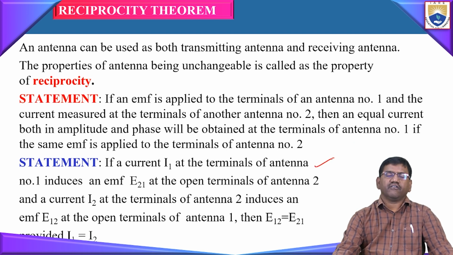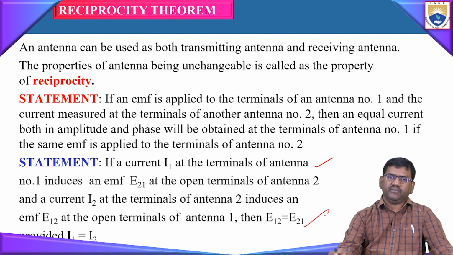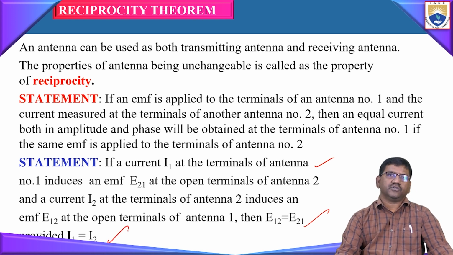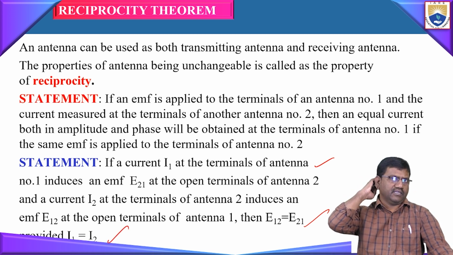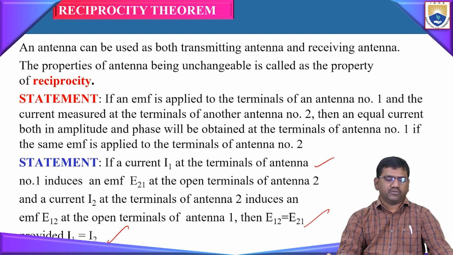Another statement: when a current I1 at the terminals of antenna 1 induces an EMF E21 at the open terminals of antenna 2, and a current I2 at the terminals of antenna 2 induces an EMF E12 at the open terminals of antenna 1, then E12 will be equal to E21, provided I1 is equal to I2. So in most cases, this reciprocity theorem holds good for an antenna which acts as a transmitting antenna or a receiving antenna.